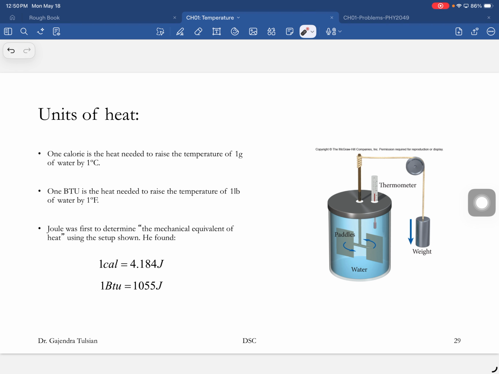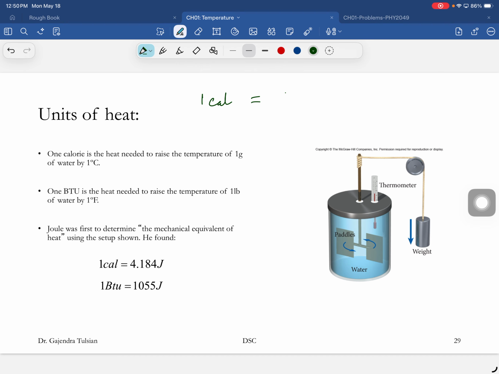How many moles of gas you have. So when you're talking about gases, you say how many moles you have. When you are talking about solids and liquids, you say how many kgs of solid or liquid you have.